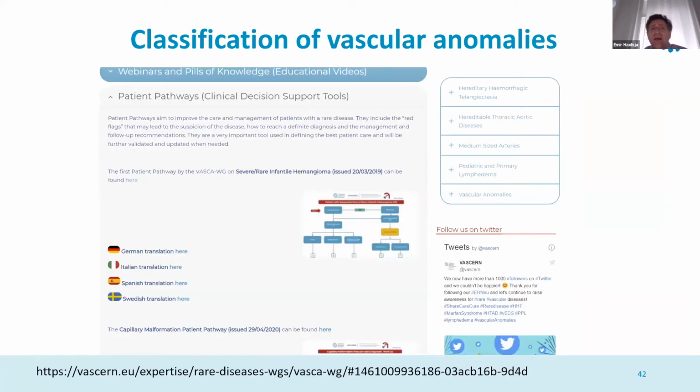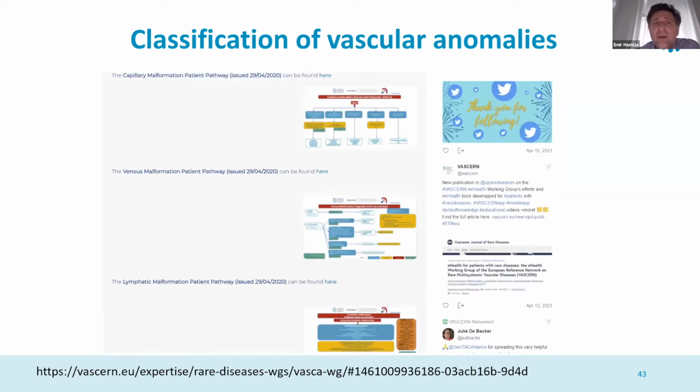At this point, I also want to draw your attention to the fact that on the VASCERN website, we have developed patient pathways. These patient pathways are also called clinical decision support tools. Here you can see that we have patient pathways for capillary malformation, venous malformation, lymphatic malformation.